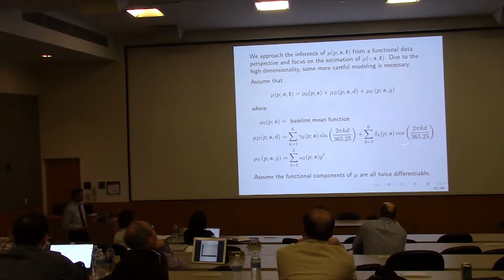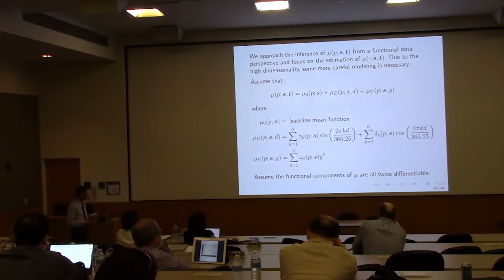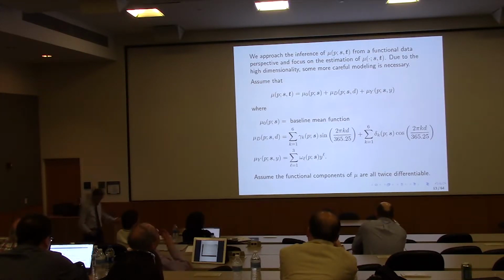So the day effect is modeled in terms of a periodic function, which sort of makes sense. It models the seasonal effect within the year. And then the year effect is just modeled very simply by this very simple quadratic model.